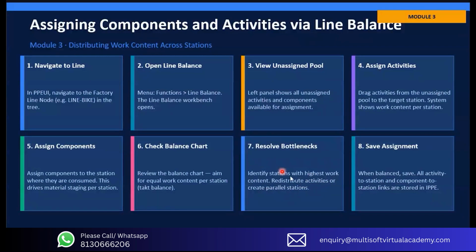By doing this, you also balance the load on various workstations. Then save the assignment. When balanced, save: all the activity to station and component to station links are stored in IPPE.